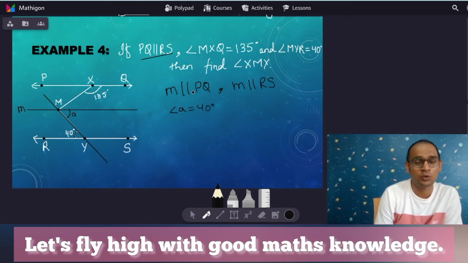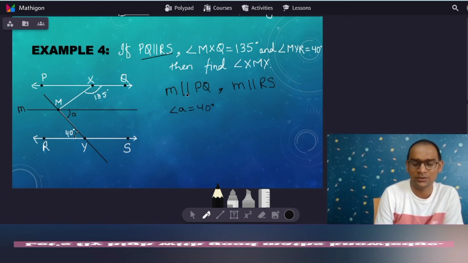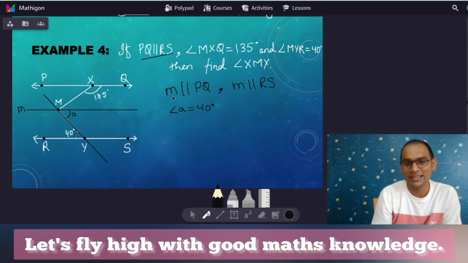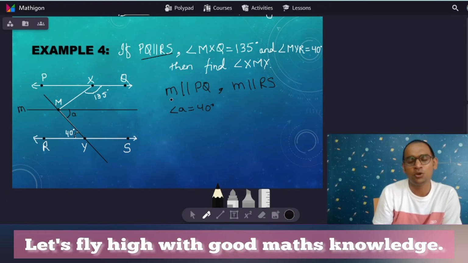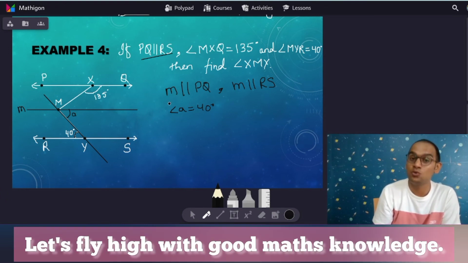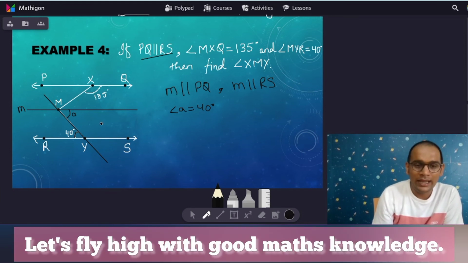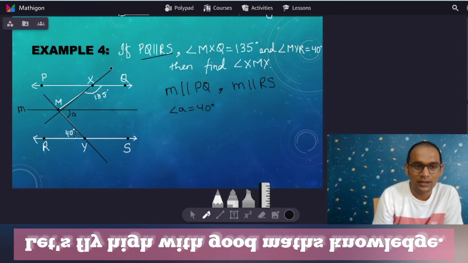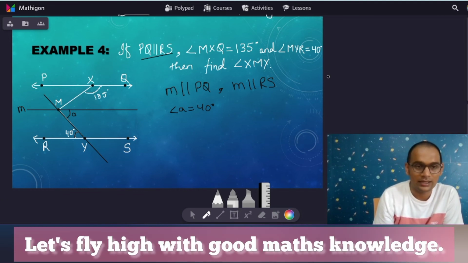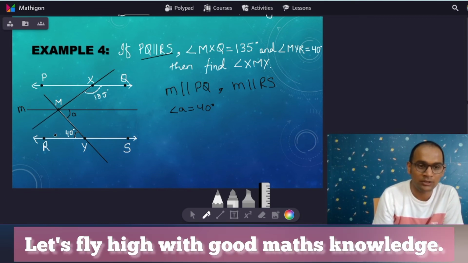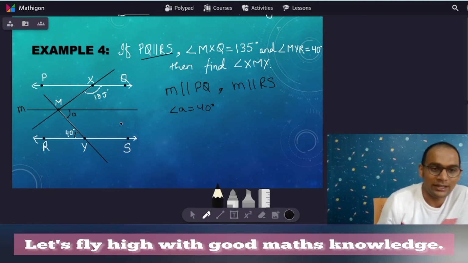Now, this is not what you write in the examination. I'm just explaining the problem. Once I discuss the exercise problem, I will give one or two examples where you can understand how to approach this answer. Then, again, line M is parallel to PQ as well, right? I will extend this line on top and on the bottom as well. Now try to understand.